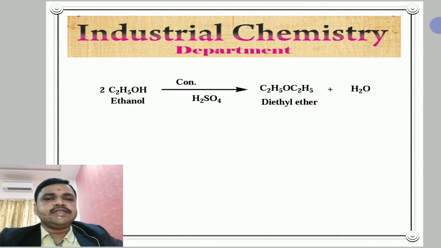This process is also known as the dehydration process. Concentrated sulfuric acid is a well-known dehydrating agent. So in its presence, ethanol is converted into diethyl ether.